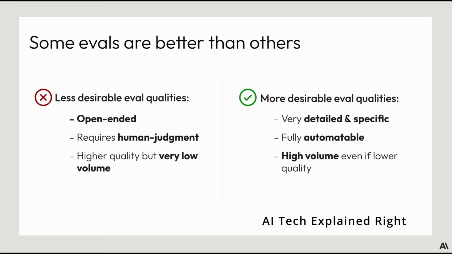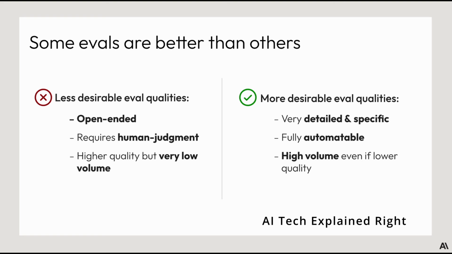As in any task in machine learning or in any other field, we have some evals which are better than others. If we take the less desired ones, we have the open-ended ones because they require human judgment, which could be subjective in many cases. They are of higher quality but very low volume as they are treated one by one.